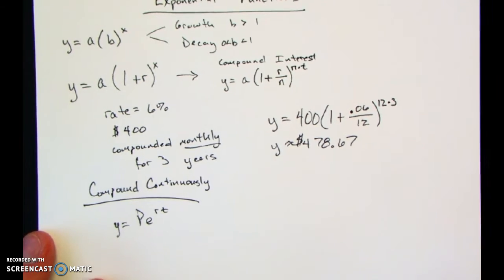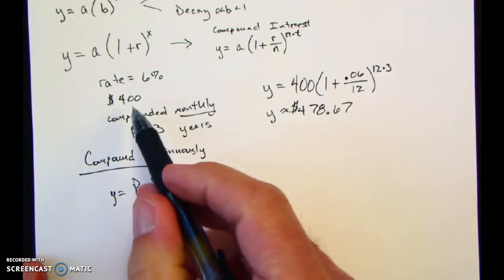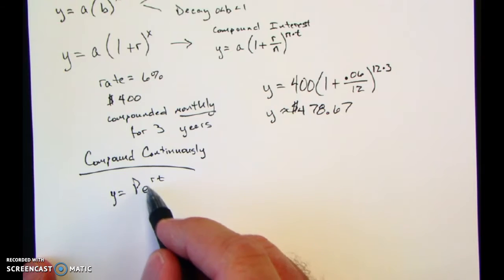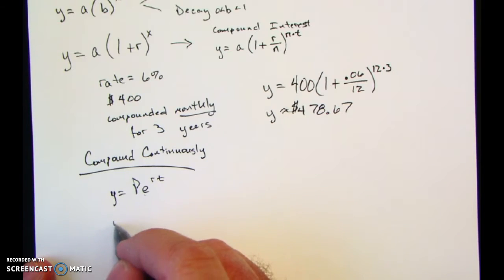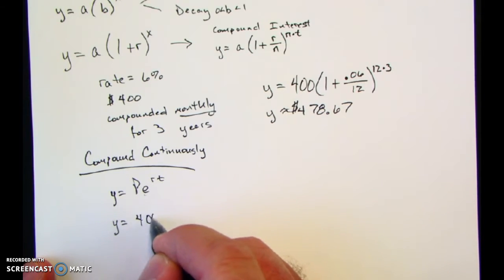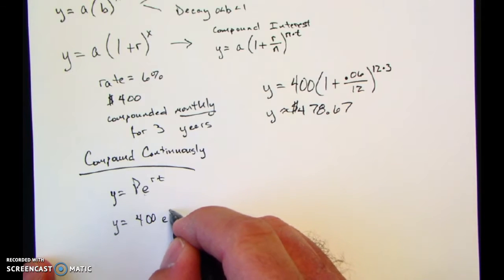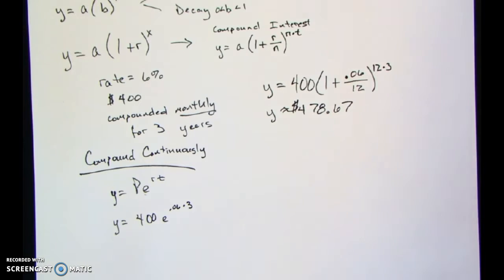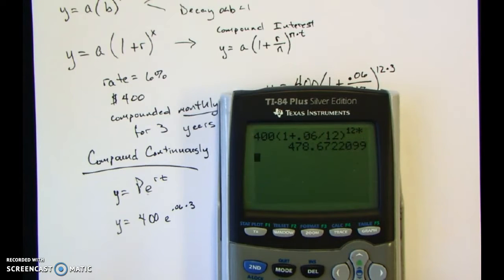where we could use this same example that we just did where we took our $400 and now our rate's still 6%, our time is 3 years, only now we're going to say it's compounded continuously. So if we take our 400 times e raised to that 0.06 times 3, again, we have the button on a calculator that is e raised to whatever power you have.